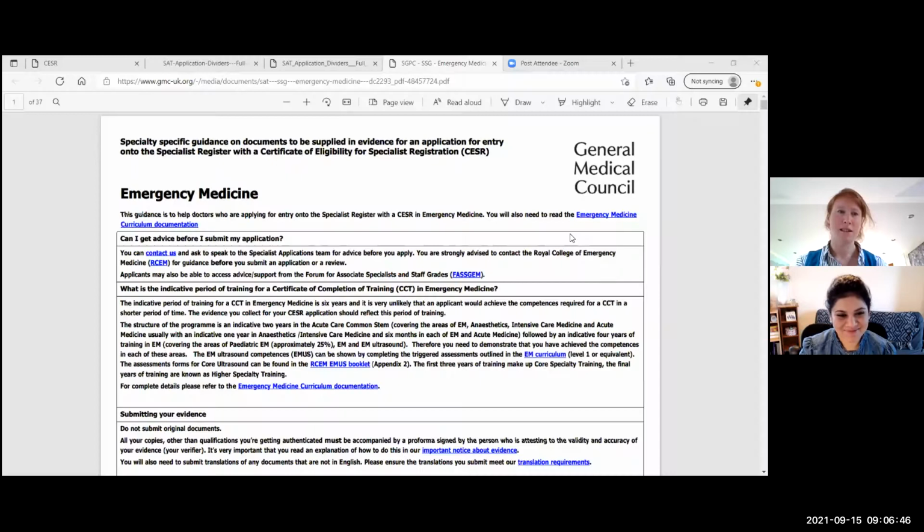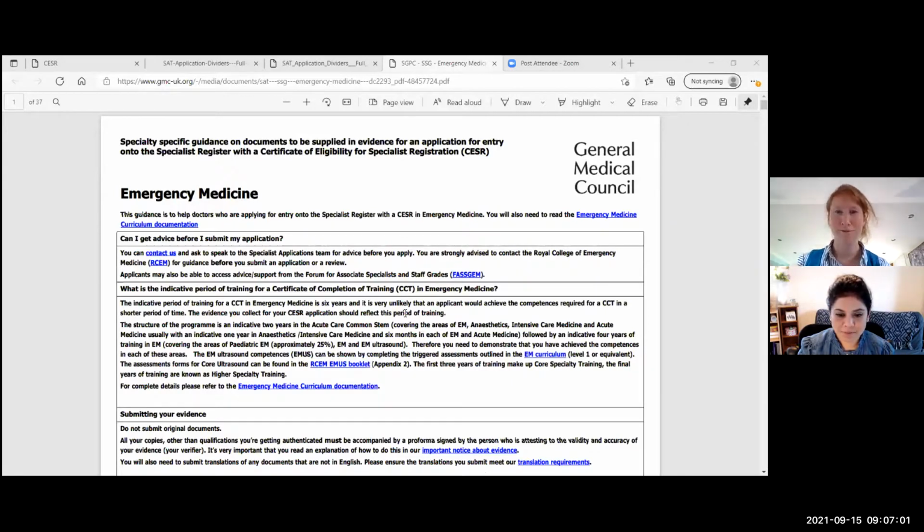We could see the website, and everyone knows where to go from the website to the specialty specific guidance and what we are going to talk about today. So this is the specialty specific guidance. Essentially this is a document that goes through everything we're going to be talking about today as well. So that's all good.